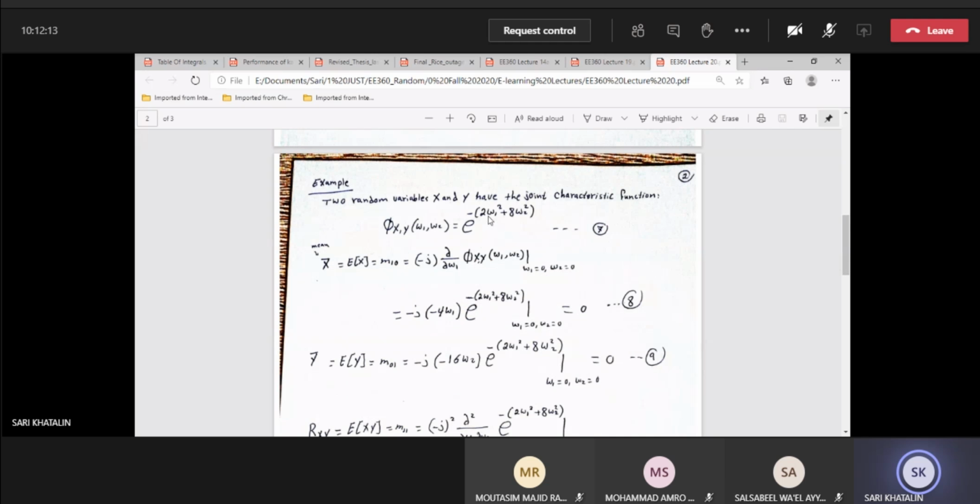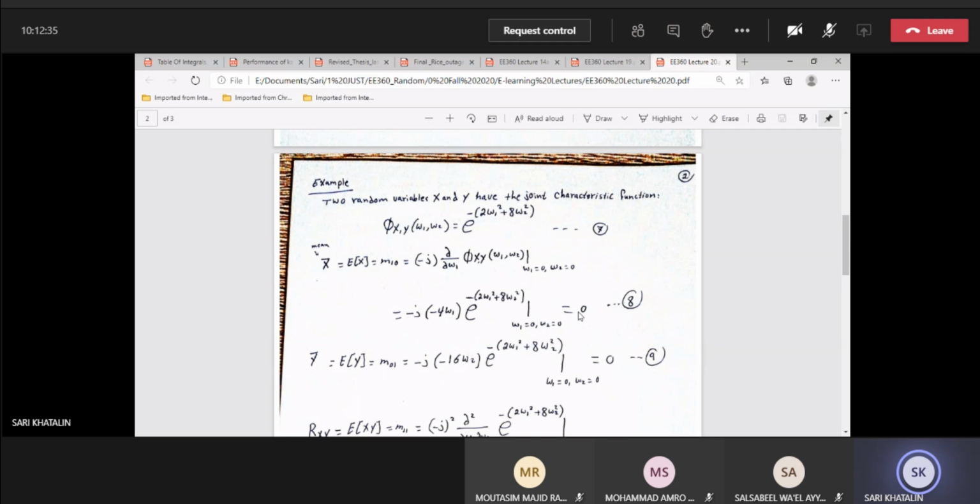And of course here, since this one is 0, the end result for the derivation is going to be minus j minus 4 omega 1 times the joint characteristic function here. Of course, after you set omega 1 to 0 and omega 2 to 0, the mean is going to be equal to 0.